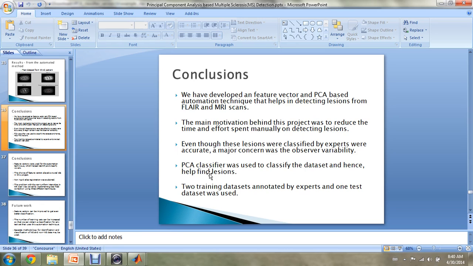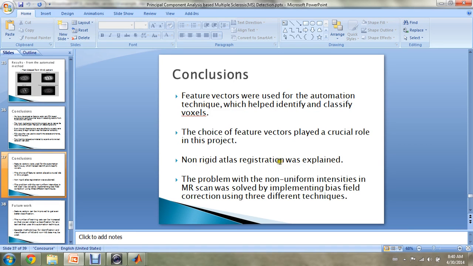As I already told before, the main motivation behind this project was to reduce the time and effort spent manually on detecting lesions. Even though these lesions were classified by experts, one significant problem that I illustrated in the result is the observer variability between different experts. So we used a PCA classifier, two training data sets, and one test data set. Feature vectors were used for the automation technique.